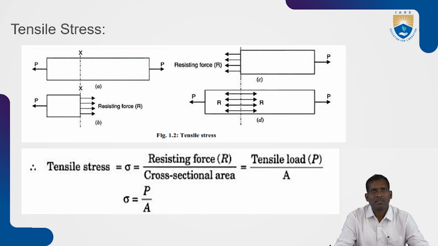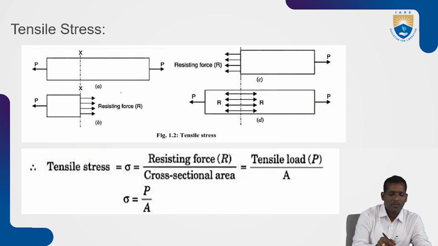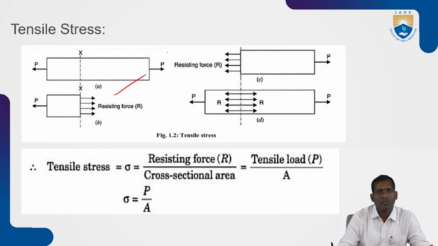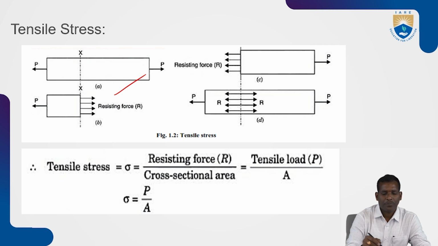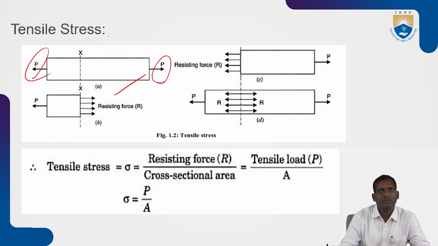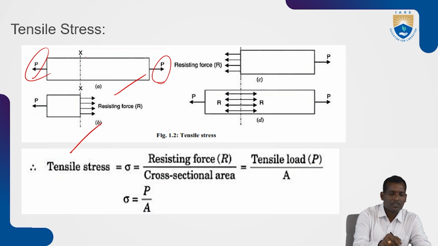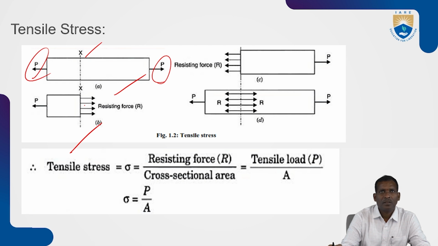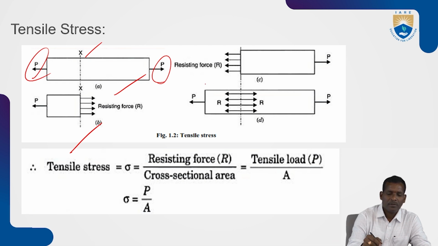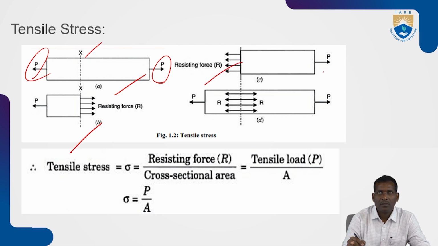See in this example in the figure shown, the tensile stress diagram. The uniform bar is subjected to tensile load, written here as P. The resisting force is shown here on this cross section, offered opposite to this applied load.